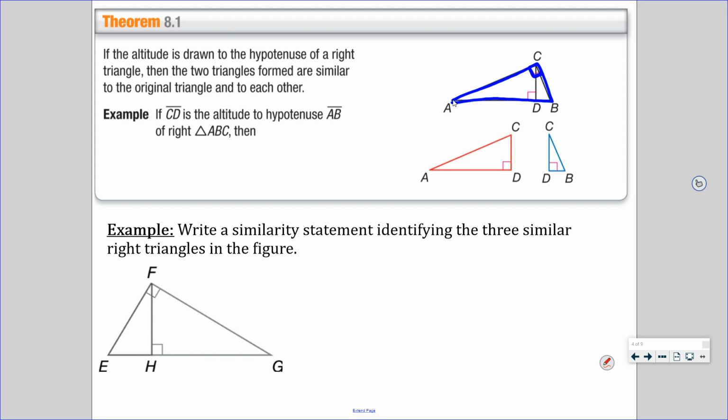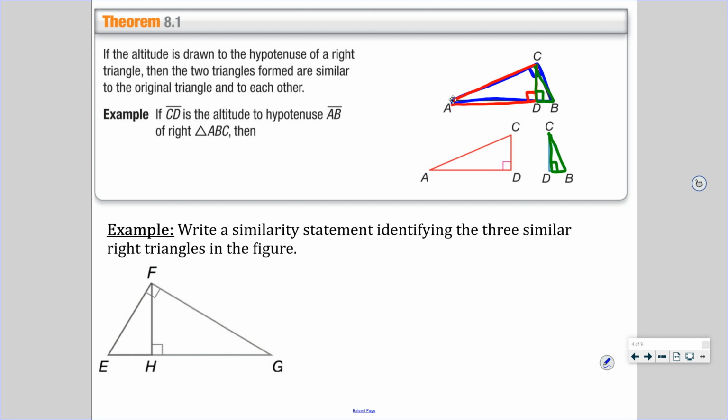So if you draw it from the right angle to the hypotenuse, this altitude right here, it creates 3 similar triangles. This triangle right here will be similar to the big triangle. This little triangle right here, which is also a right triangle, will be similar to the red one and to the blue one. Okay?